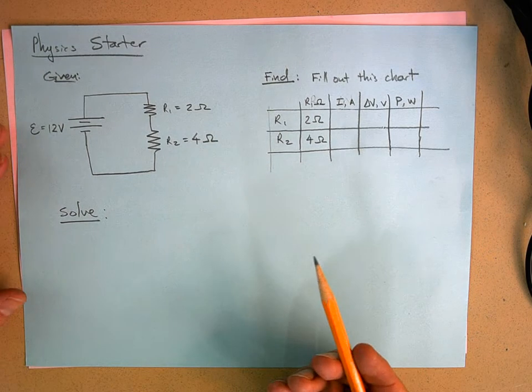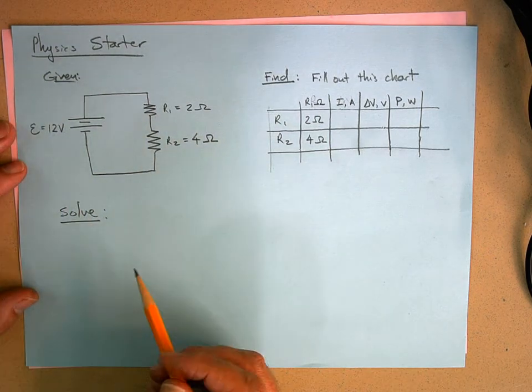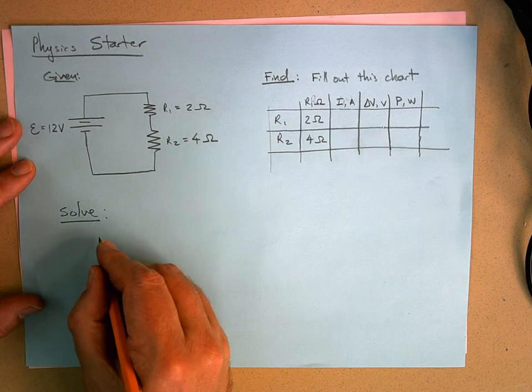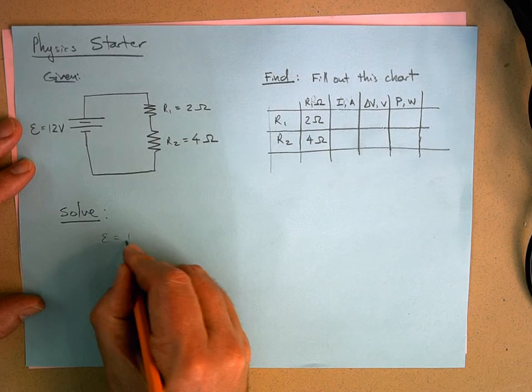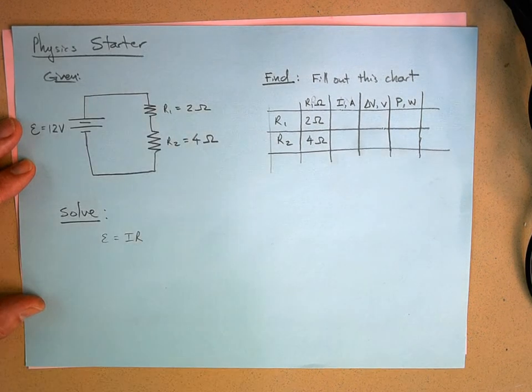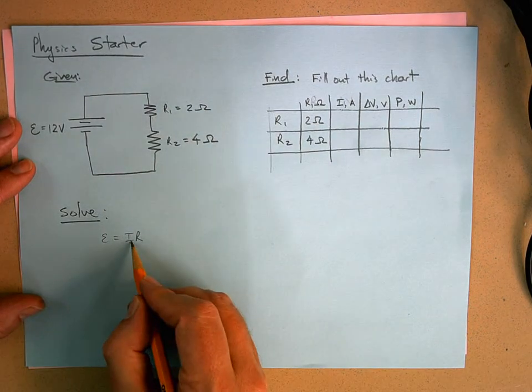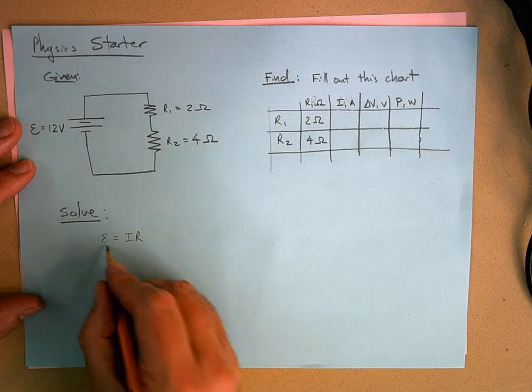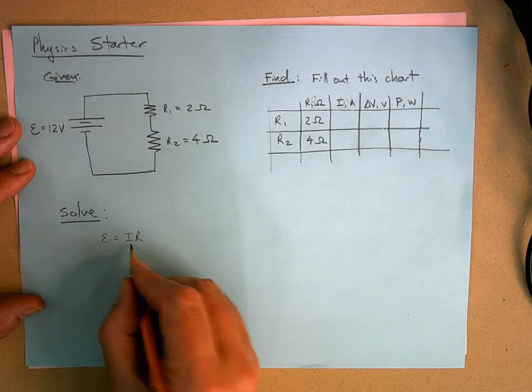Here's how you figure out the current in a loop. Well, we know that E equals IR. That's Ohm's law. I'm solving for the current.